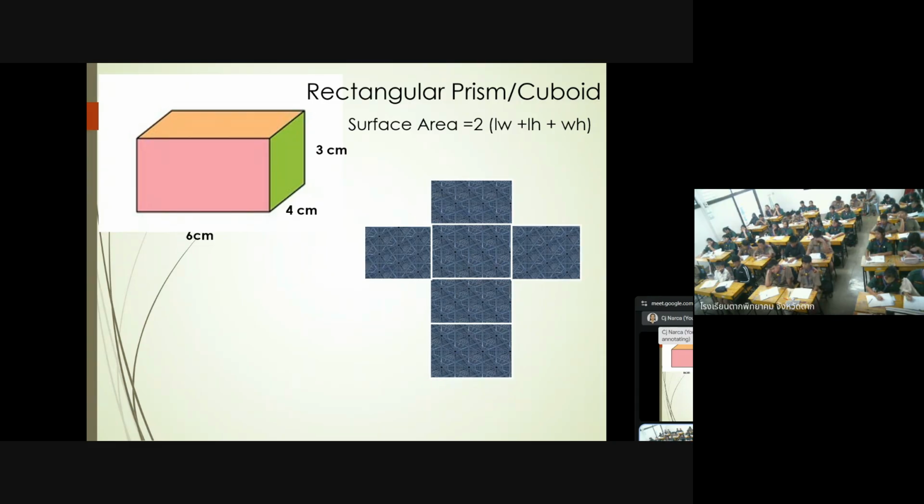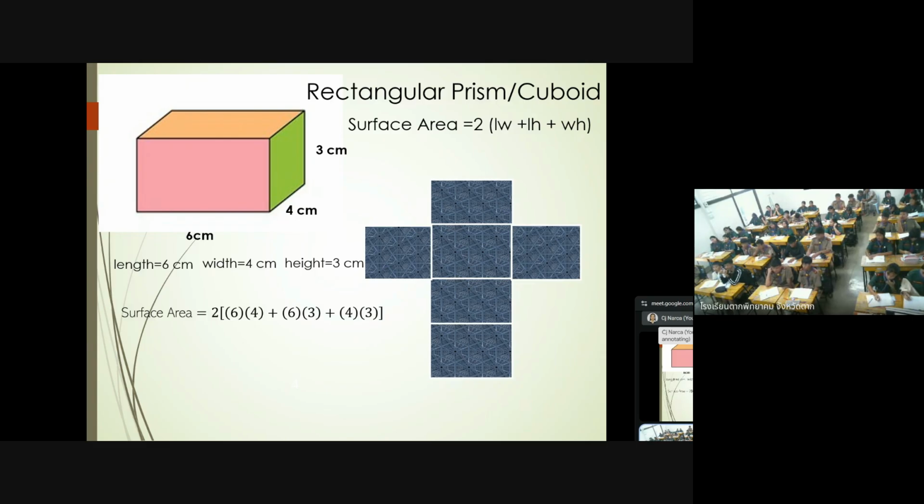So we just follow the formula. Length, 6 centimeters, times width, 4 centimeters, and then length times 3, which is the height, and then width, 4, times the height. That's it.